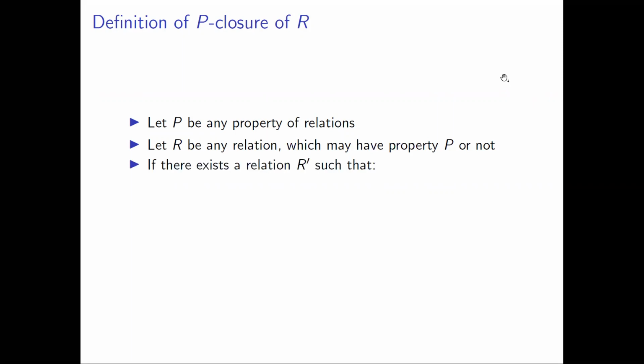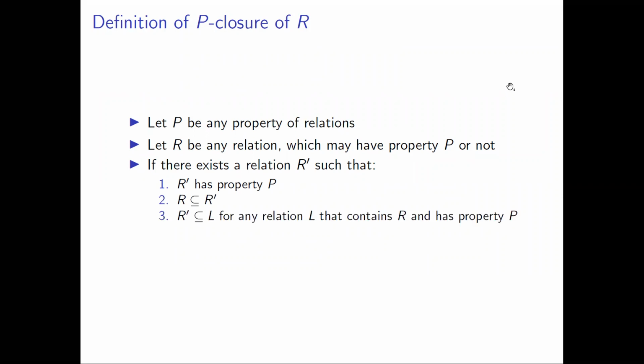If there exists a relation R prime with the property that R prime has property P, R is a subset of R prime, and R prime is a subset of L for any relation L that contains R and has property P, then these three requirements are satisfied for the relation R prime, and we call R prime the P closure of R.